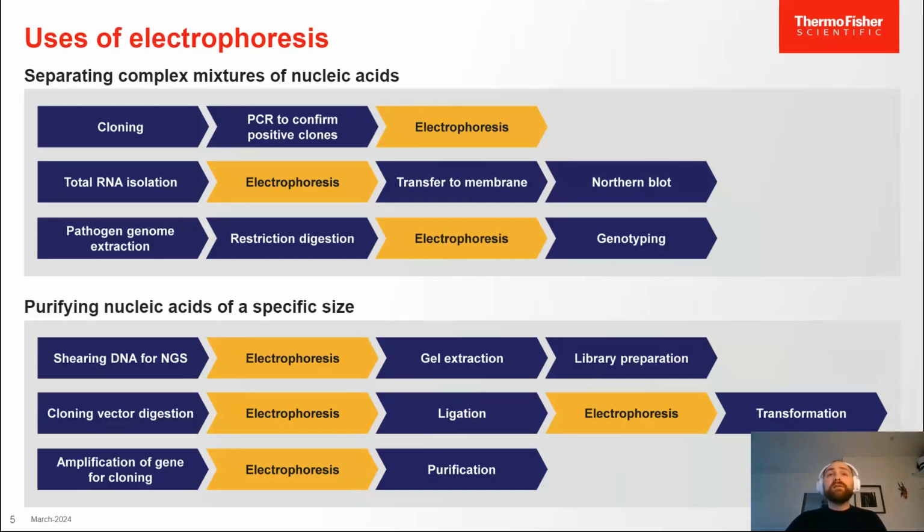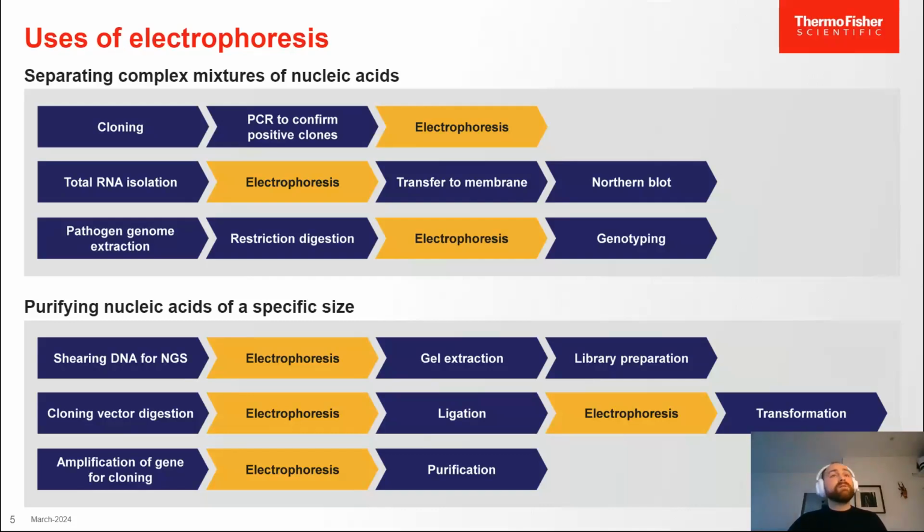For total RNA isolation, it is also just to see how degraded the RNA that you have extracted is, whether you have two very strong bands of 18S and 16S RNAs. For pathogen extraction, this is also restriction digest, electrophoresis, and then genotyping following that, which also includes, to a certain extent, electrophoresis as an endpoint.